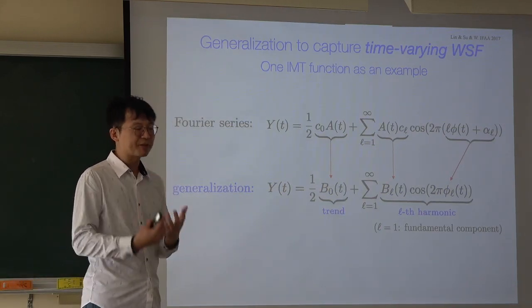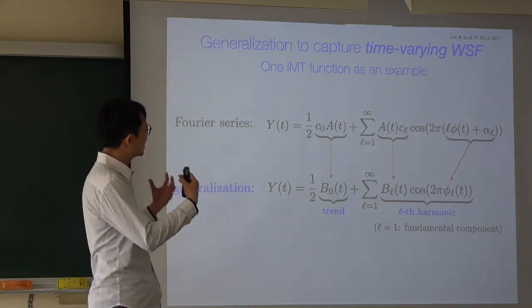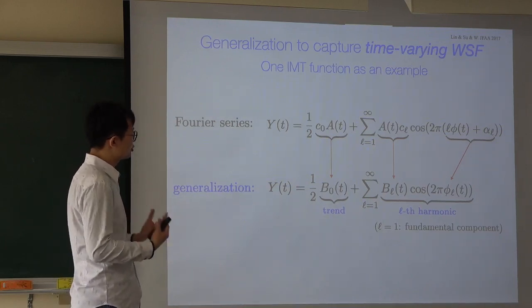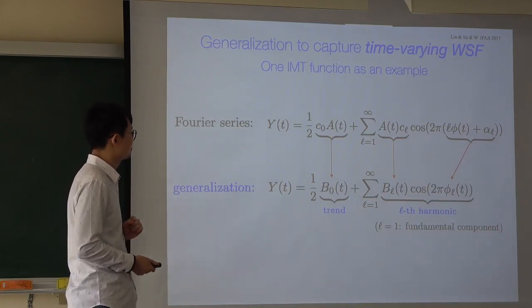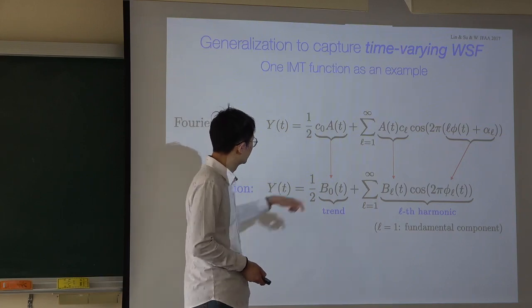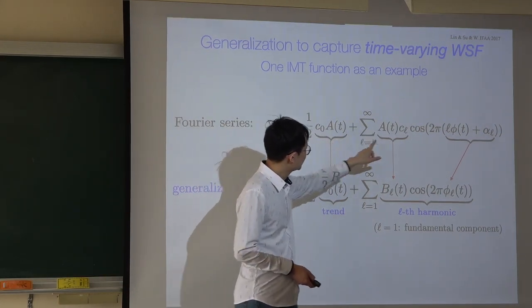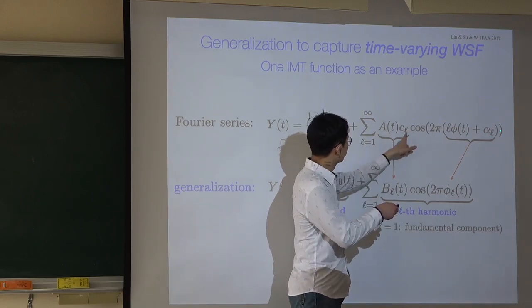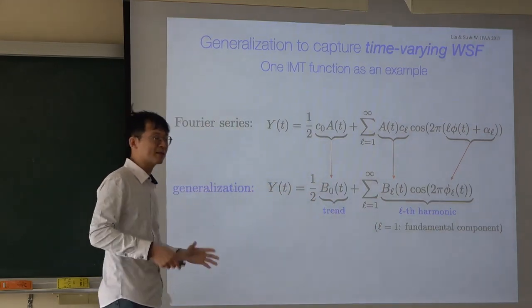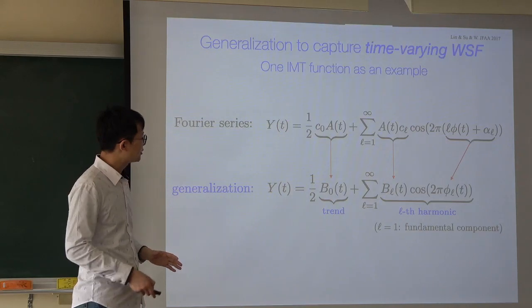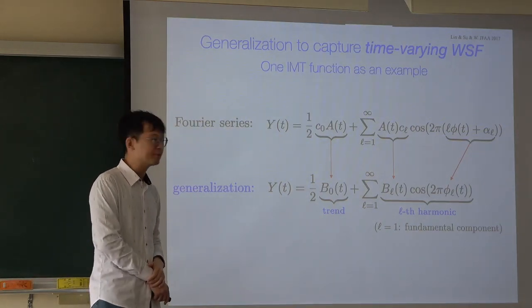And to capture the time-varying nature of the wave shape function, what we proposed before was, let's take a look at this. You have C0, CL, and alpha L. Those depend on the wave shape function. How about if we make them time-dependent?